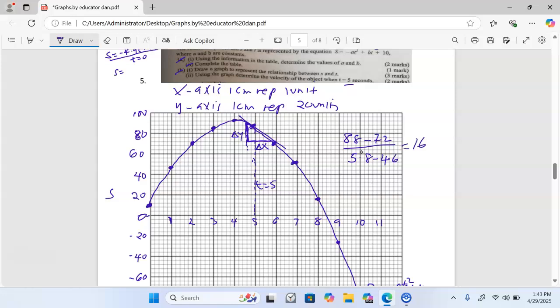This one is going to give us 16 over 1.2.